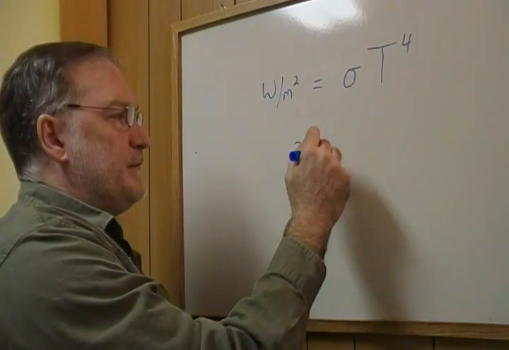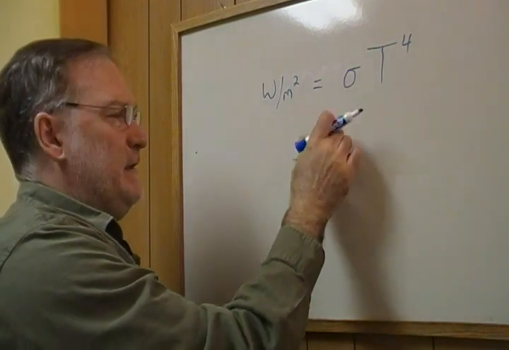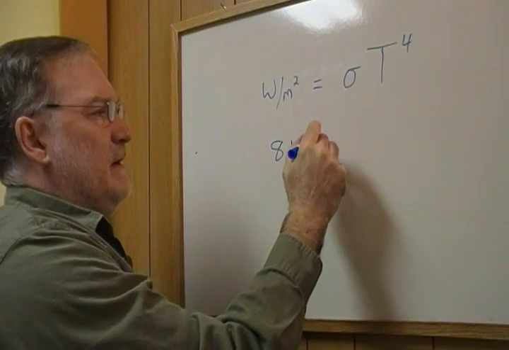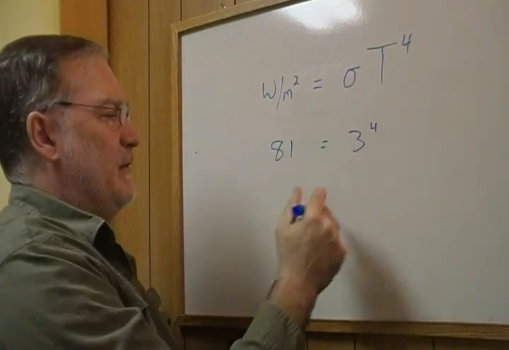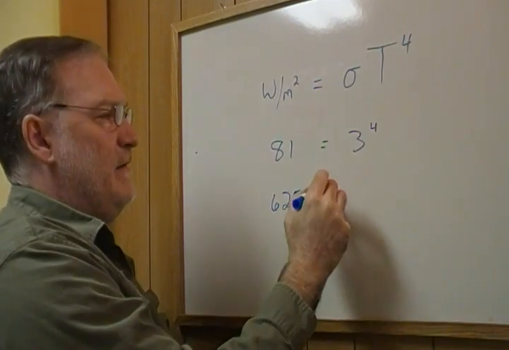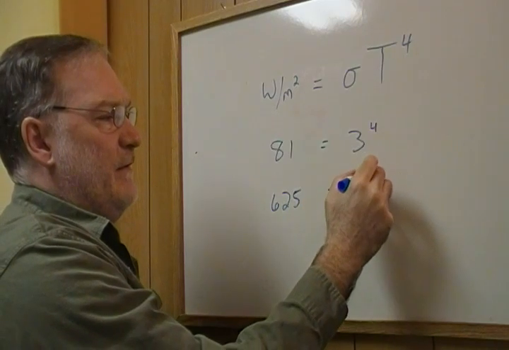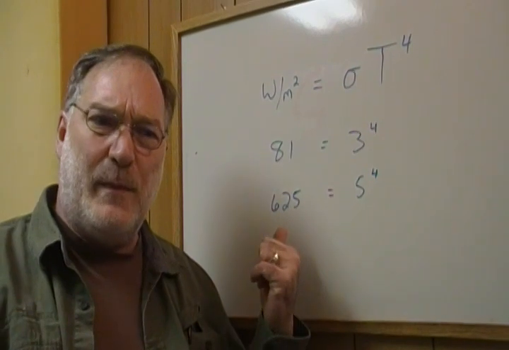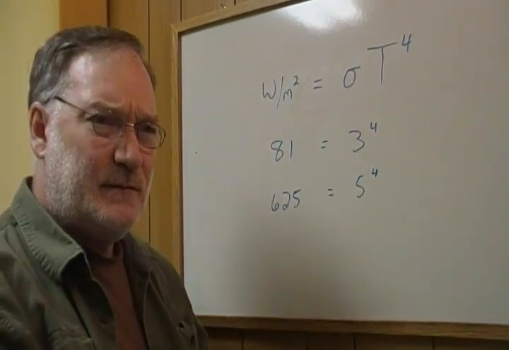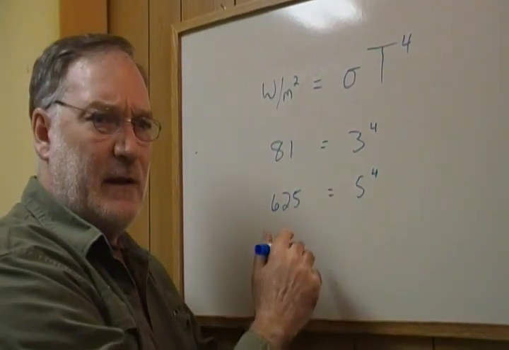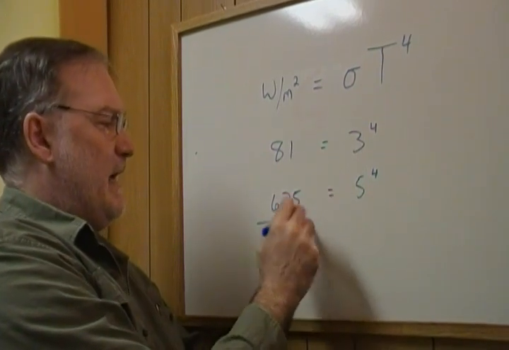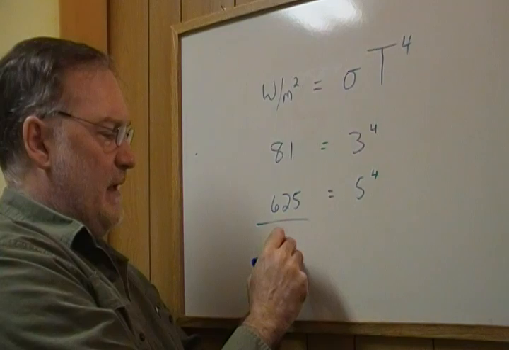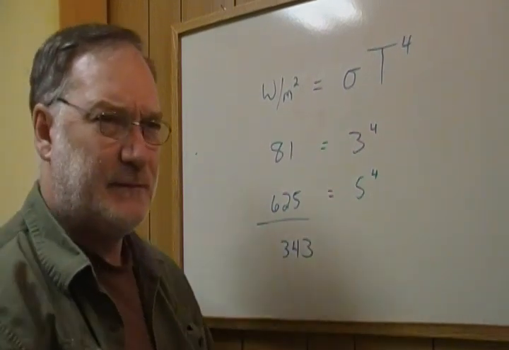The fourth power of 3 is 81. 625 is the fourth power of 5. Now if you average the fourth powers here, you add these up and divide by 2, the average is 353.